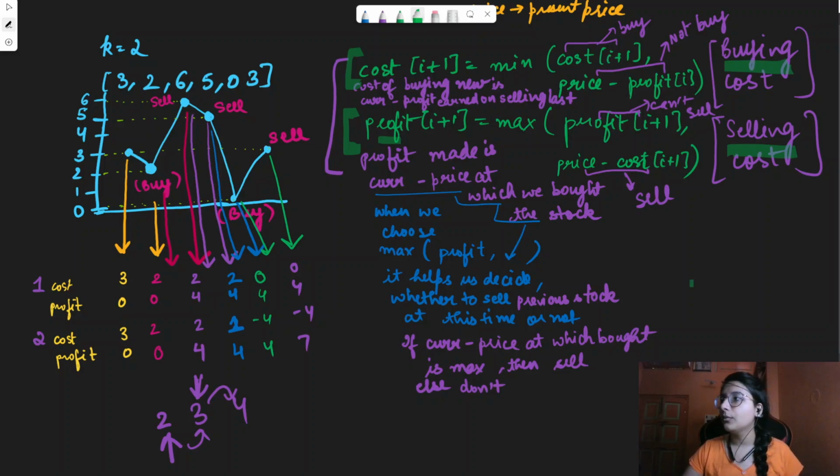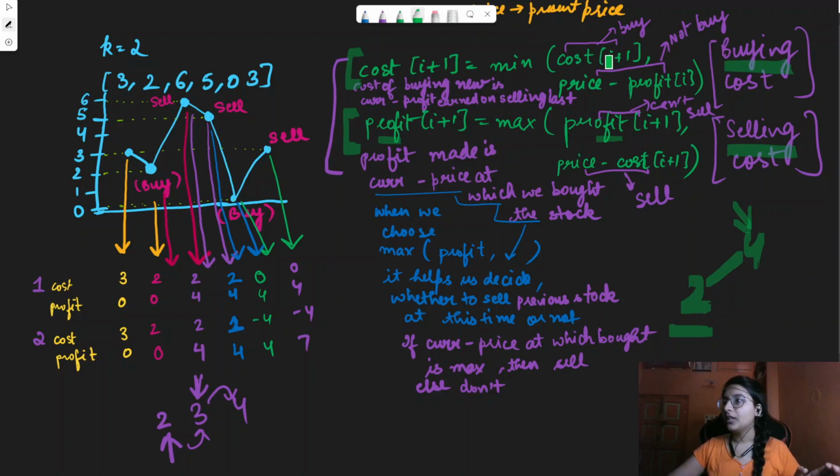Because at this particular moment when 2 was there and 4 was there, you already figured out that this 2 is basically the minimum, right? And this next transaction, that is this 4, that is the maximum, right? So when we subtract this price minus cost of i plus 1, so cost of i plus 1 basically for this 4, and the price which we are having at this present moment, that is at 2, and the profit which we would be having at that moment, because this profit comes from the previous states only.